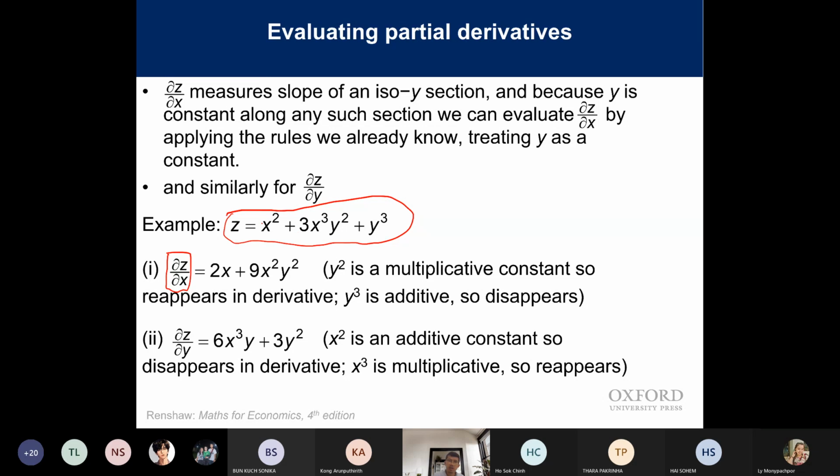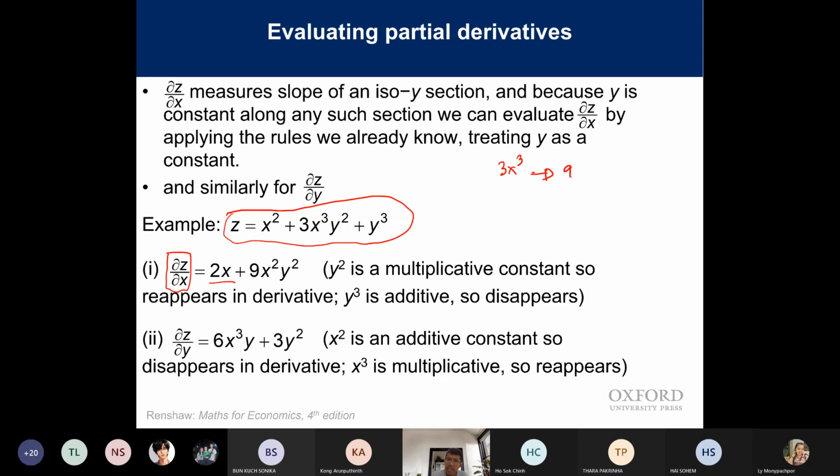So what is the derivative of x squared? 2x. And how about this? Let's say you ignore y, so it's like 3x cubed. What is the derivative of this one? When you differentiate this, what will it be? 9x squared.